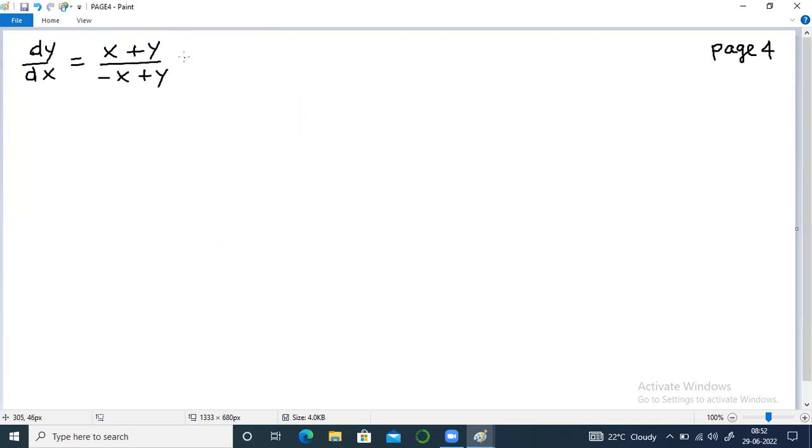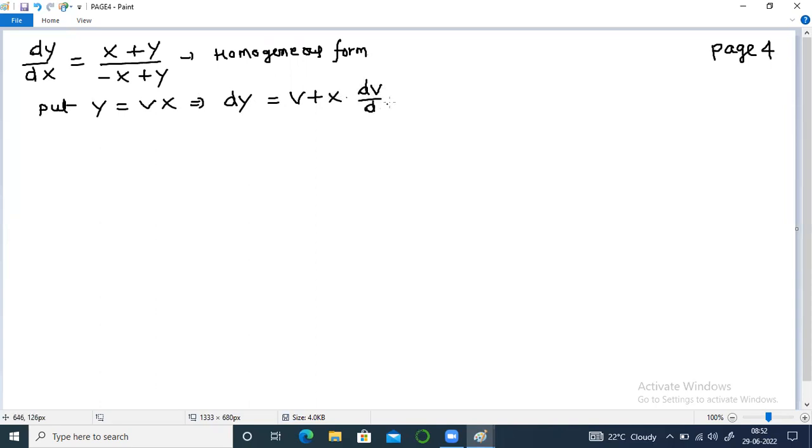Now, which form is it? It is homogeneous form. Now, if it is a homogeneous form, how to solve? We already saw in the previous session. So put Y is equal to v into capital X. That implies dY by dX is equal to v plus X into dv by dx. UV formula I have applied here.